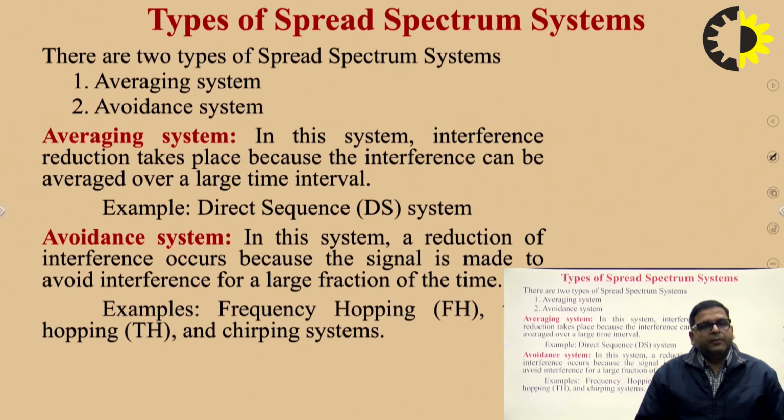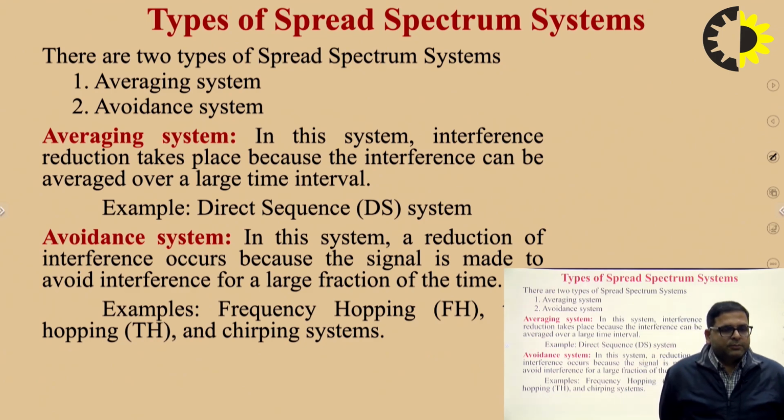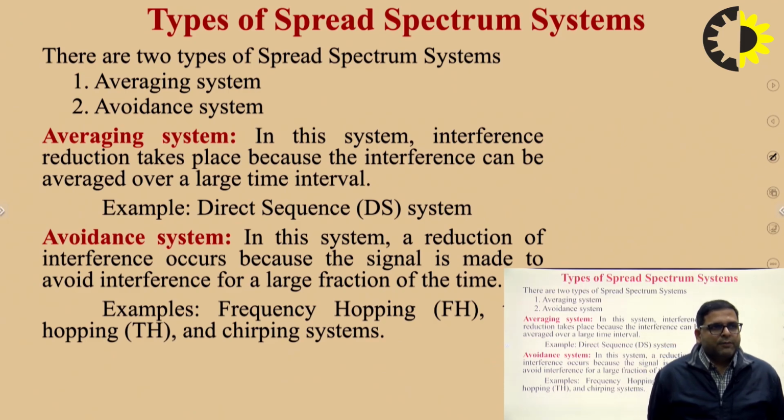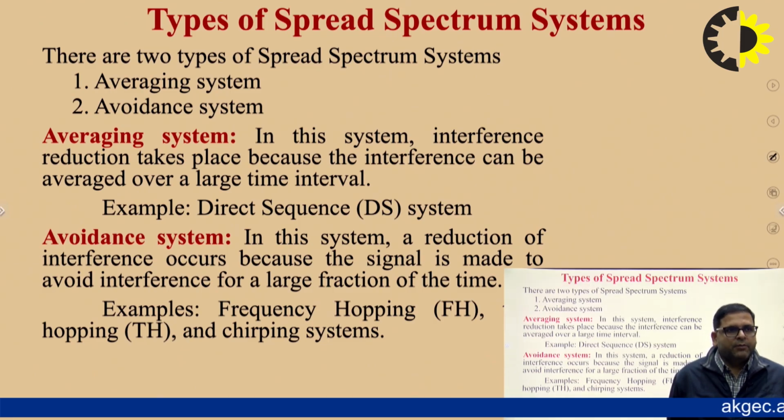Now, as we have seen how we can spread the bandwidth of the information, we have two types of spread spectrum systems. One is known as the averaging system and the other is known as the avoidance system. In the averaging system, the interference reduction takes place because the interference can be averaged over a large time interval, and an example of an averaging system is direct sequence spread spectrum.